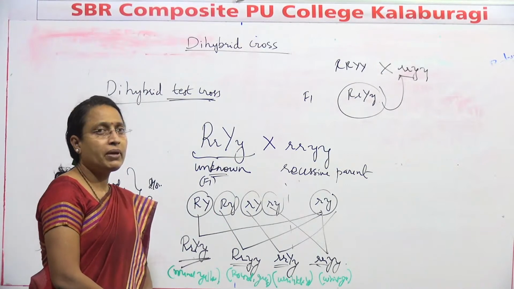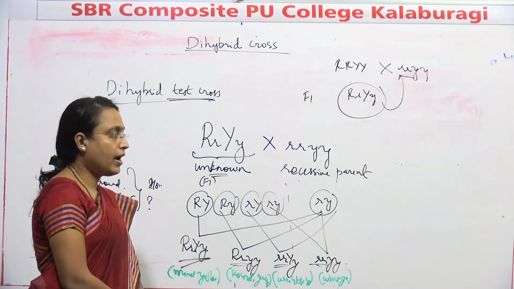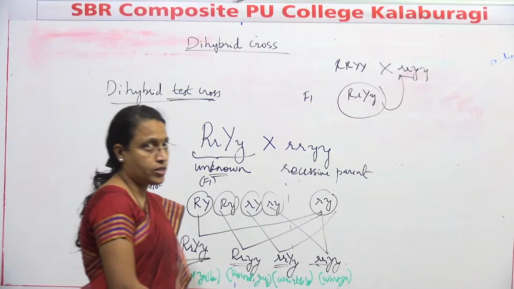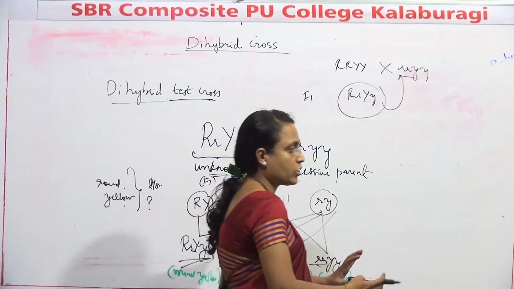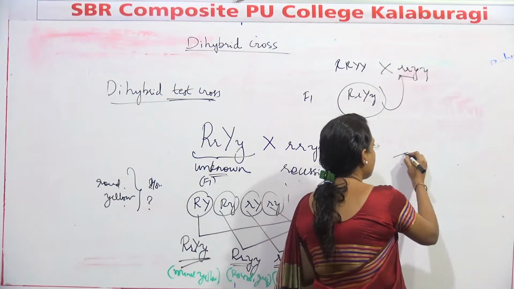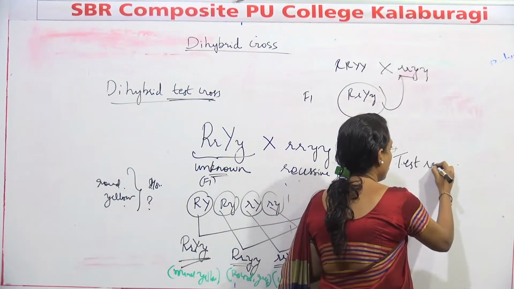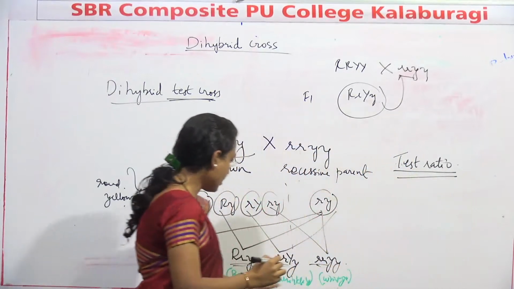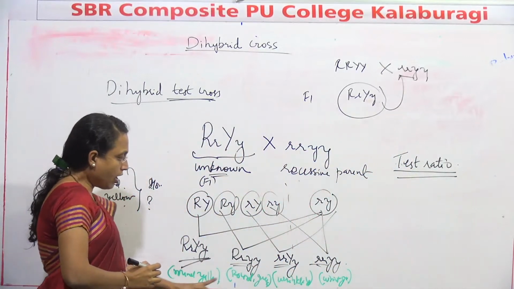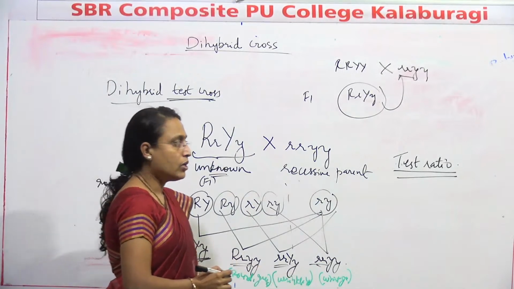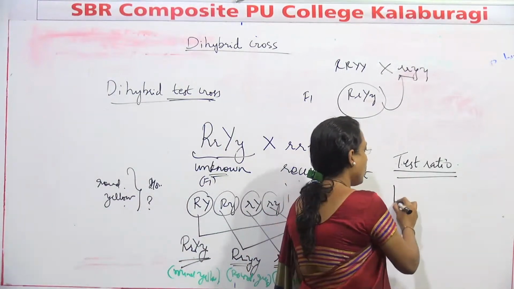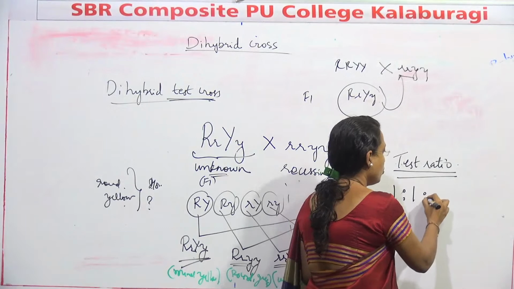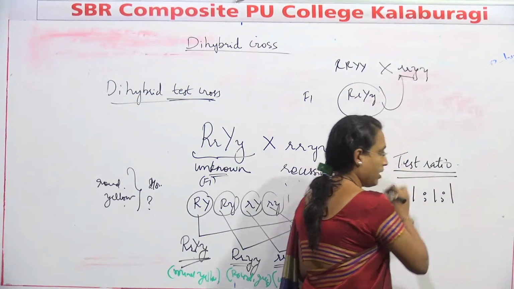The genotypic ratio is of course 1:1:1:1, and then the phenotypic ratio of this test cross. What is important is the phenotypic ratio. The test cross ratio is called, what is it called? This is called the test cross ratio. All are unique types. So therefore, we'll write the ratio as 1 is to 1 is to 1 is to 1.